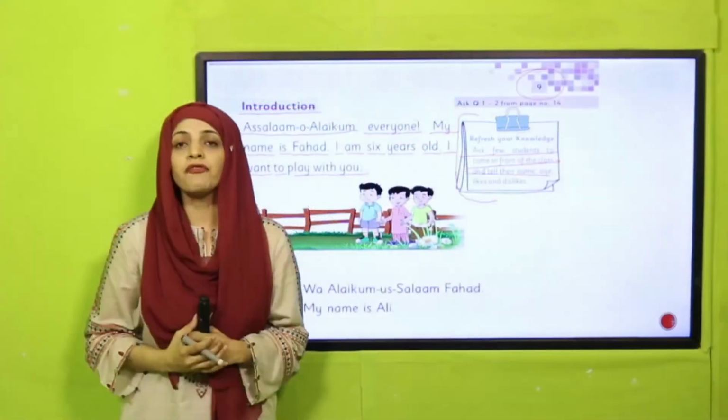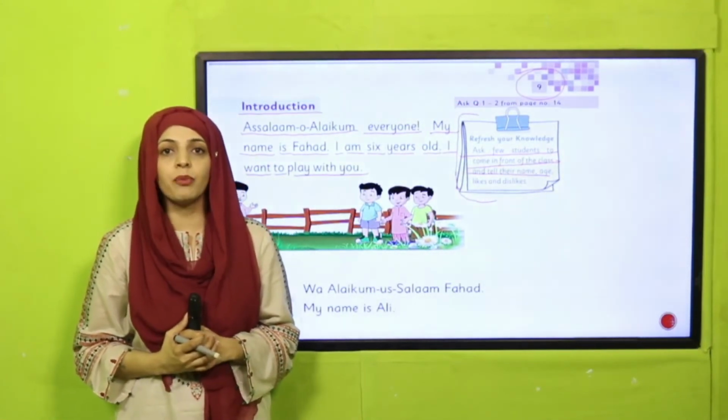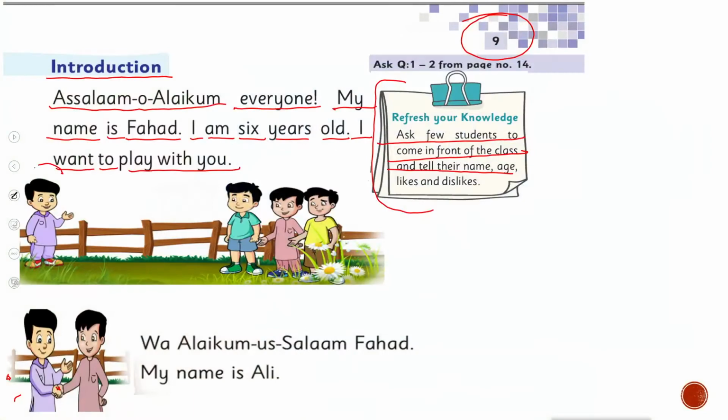Okay, now if you look at the picture in your book, you will see that there is a boy, Fahad. He is giving his introduction to these friends. He is saying, Assalamu alaikum everyone. My name is Fahad. I am 6 years old.